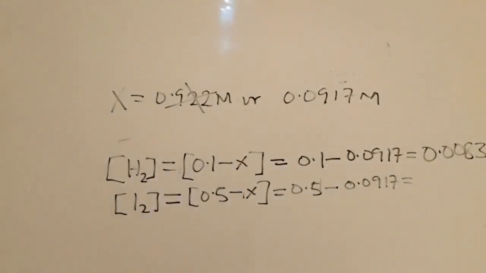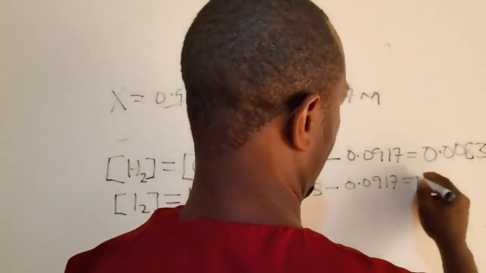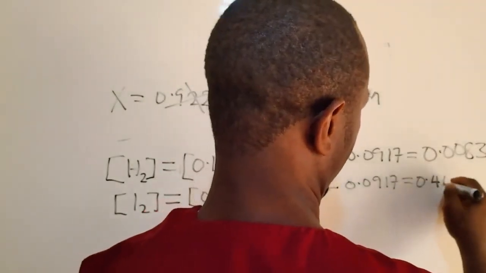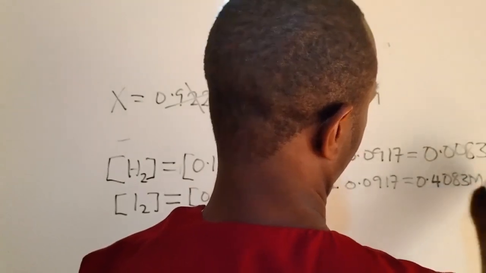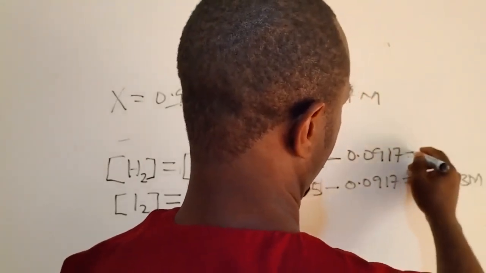Now if I do the second one, I have 0.5 minus 0.0917, and that gives us 0.4083 M.